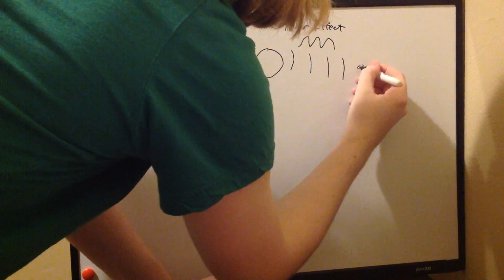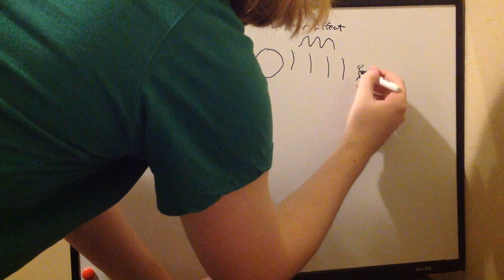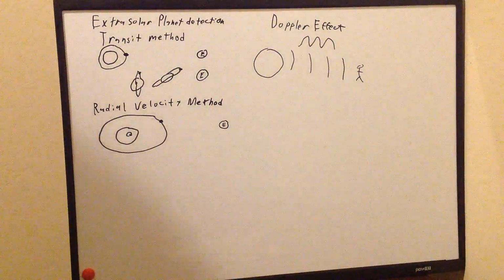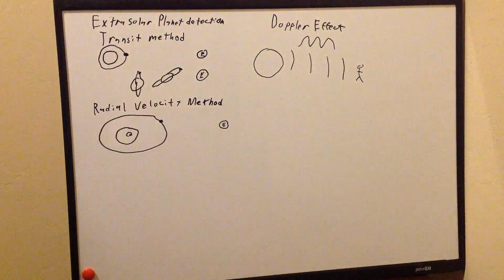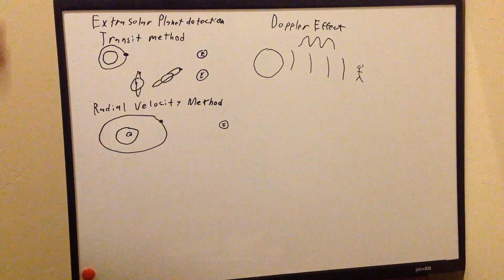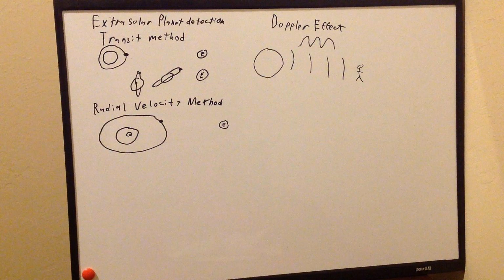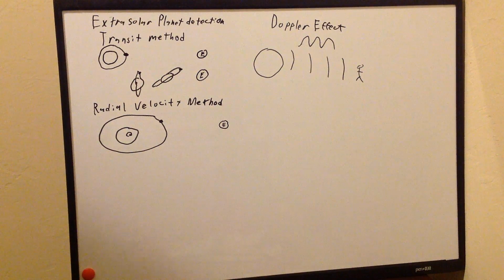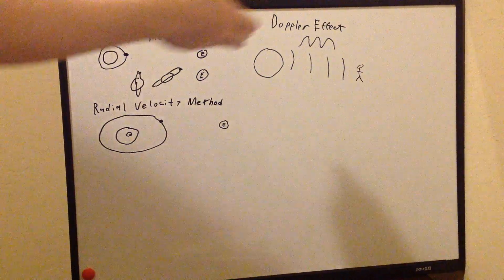And then here's a person who is observing the wave and learning about the wave's wavelength. If it's sound, the person will get information about its wavelength from the pitch of the sound. If it's light, the person will be able to interpret its wavelength as the color of the light that they see. In either case, this is a person who can tell something about the wavelength by observing the wave.